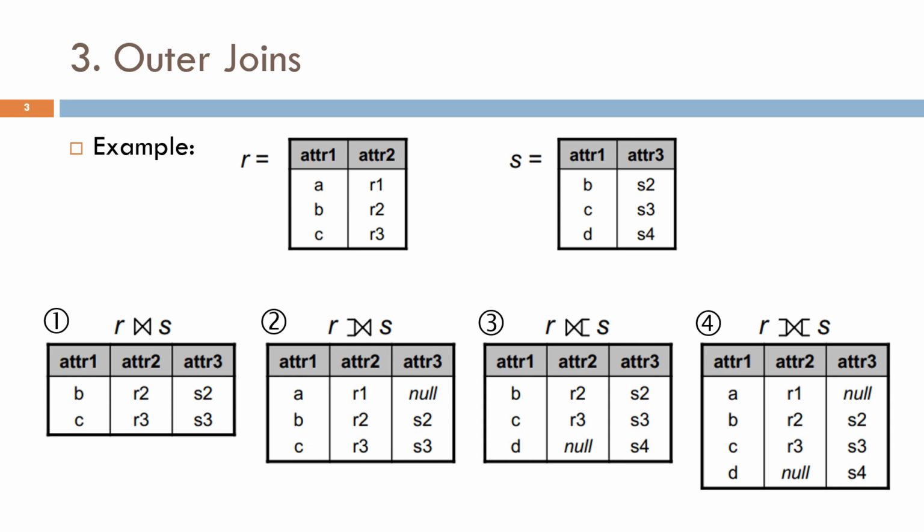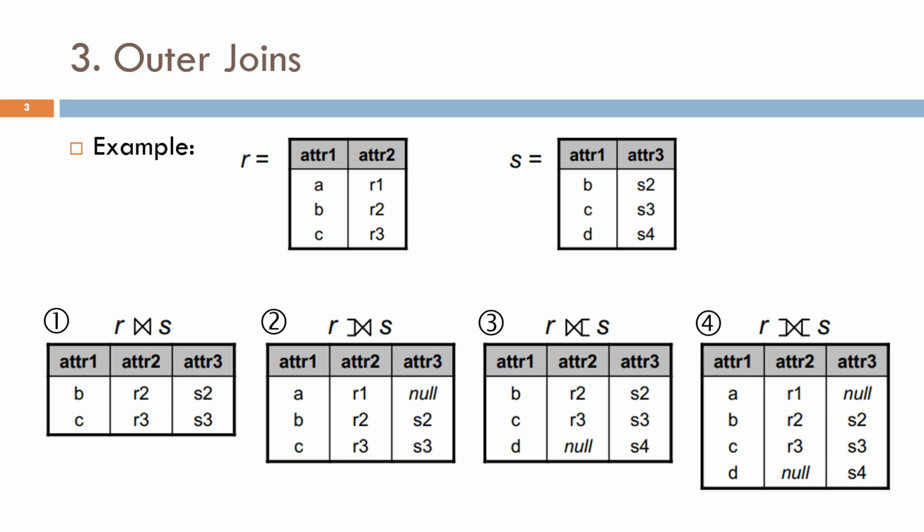Second operation is R left outer join S. The result of R left outer join S will include all three tuples from R, matching the tuple in S. If a tuple Ts from relation S doesn't match any tuple in R, it is excluded from the result.